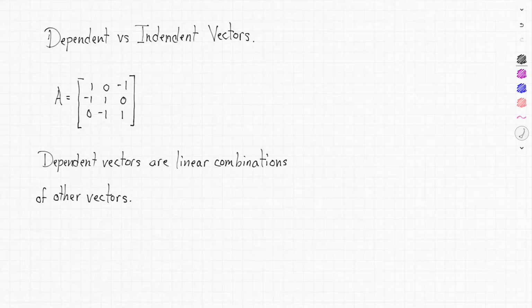That's all they are. So let's look at the columns of A, and let's decide are those dependent or are they independent vectors?